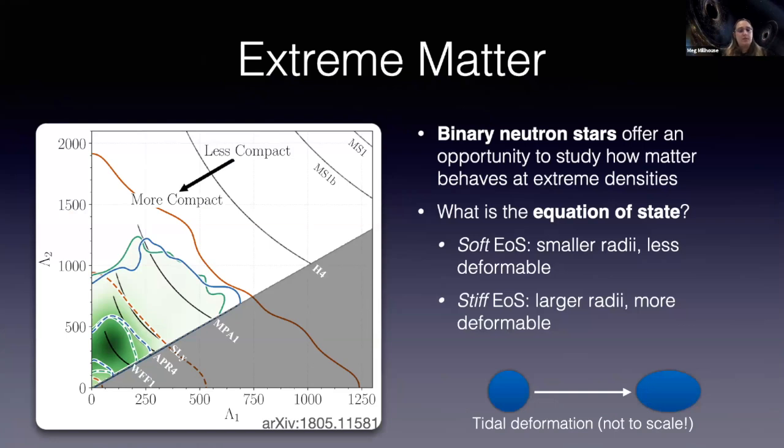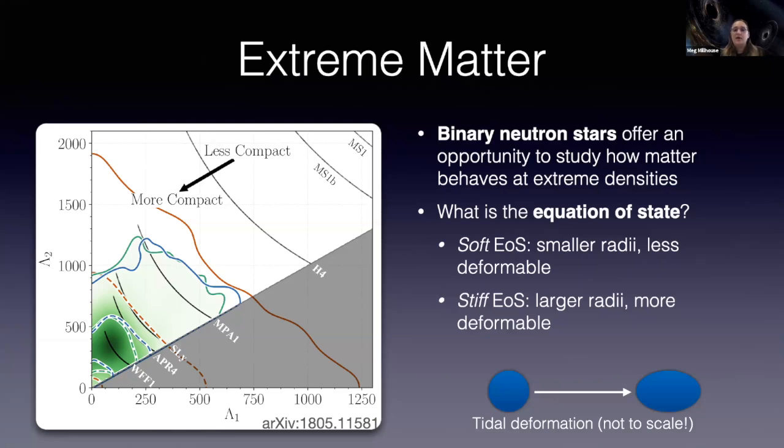So I've mostly been talking about black holes so far, but let's talk about the science we can do with neutron stars and compact binaries. We don't have as many of these observations, but at least one we have can tell us a lot. And one big question is, how exactly does matter behave at extreme densities? So neutron stars are way denser than anything we can make in a lab on Earth.